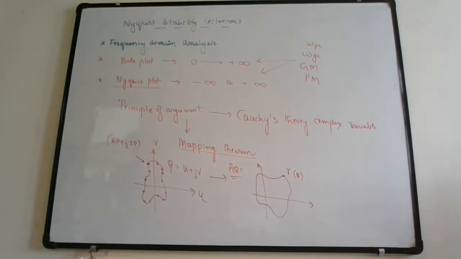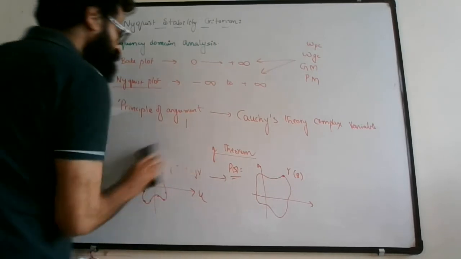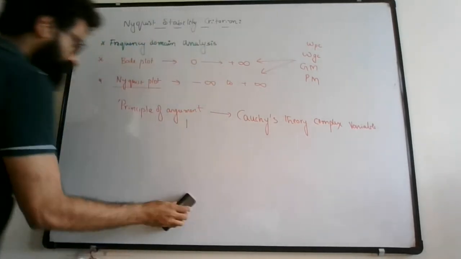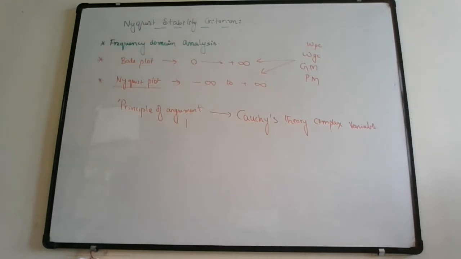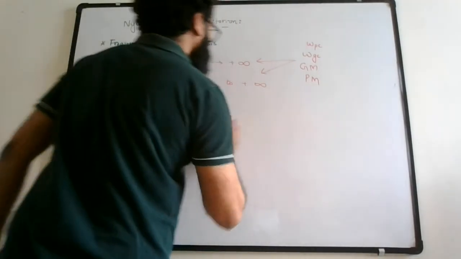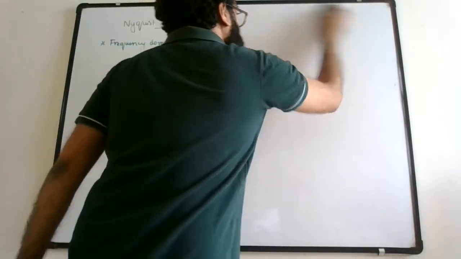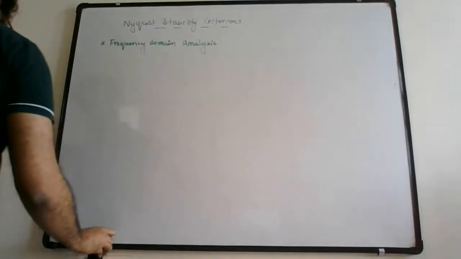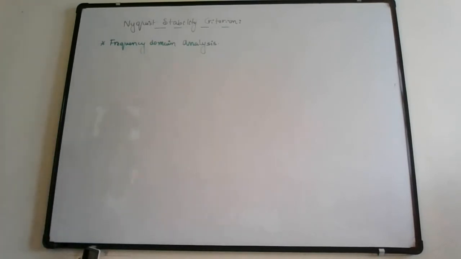All right, fine. So your Nyquist plot is based on this mapping of Cartesian coordinates into polar coordinates. So that's the rough understanding of the Nyquist theorem. It is derived from Cauchy's principle of argument of complex variables.